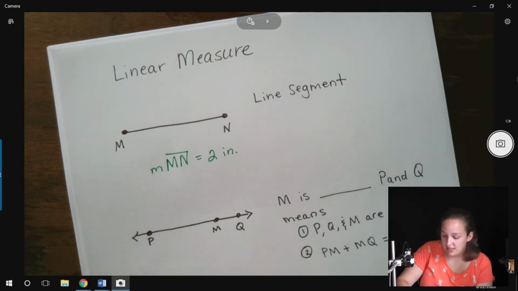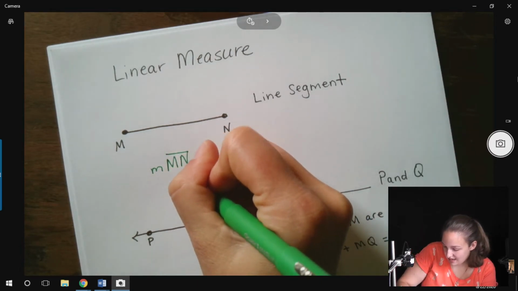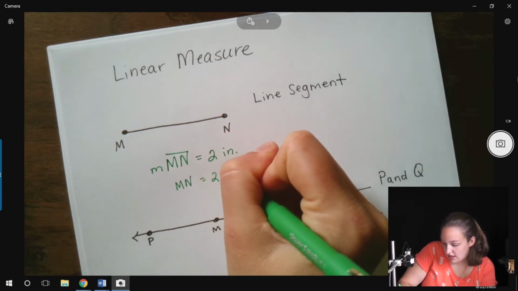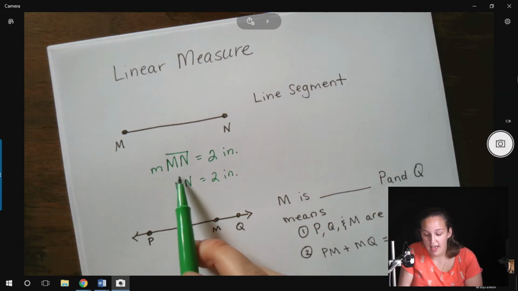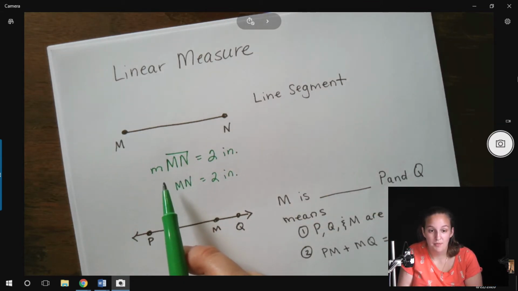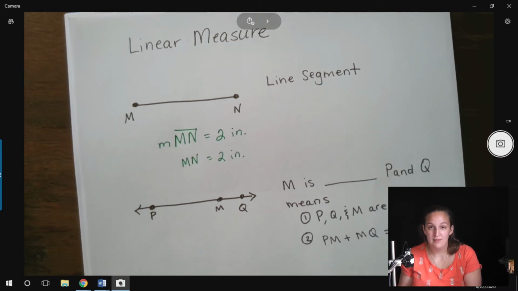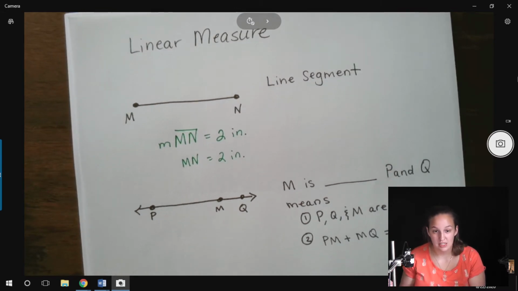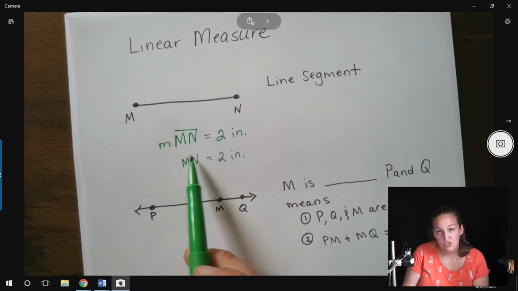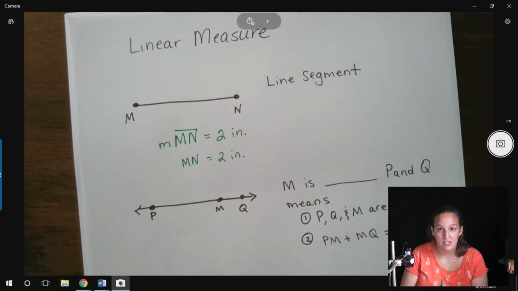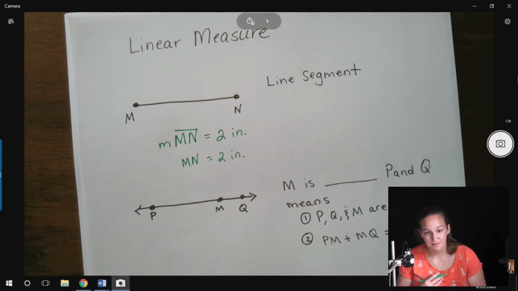Or you can say MN equals 2 inches. Now notice I don't have that bar across the top. So that is unique. Whichever way you prefer. It's assumed that if you don't have that bar across the top, it's not a ray and it's not a line. If you're setting it equal to something, it has to be a line segment.